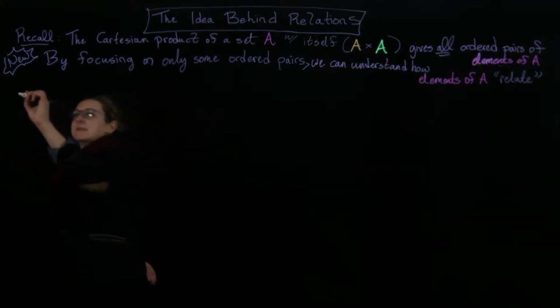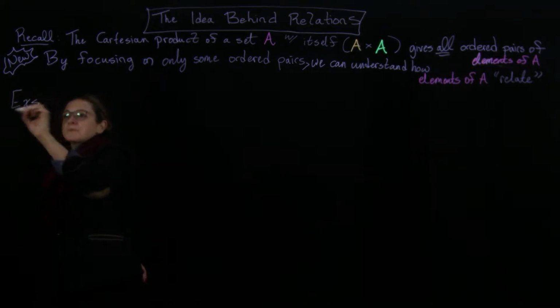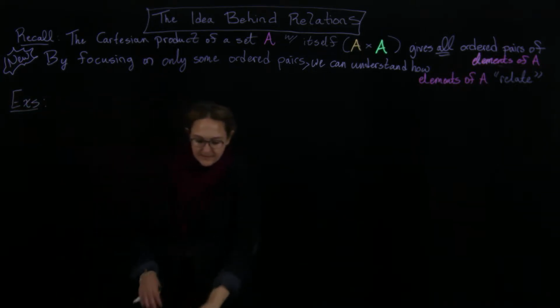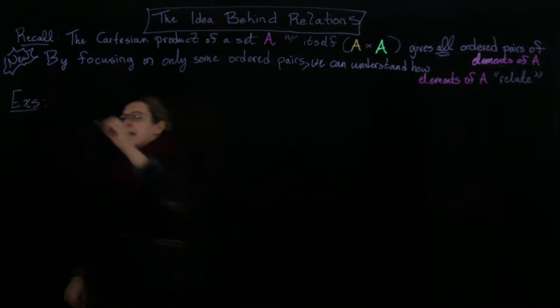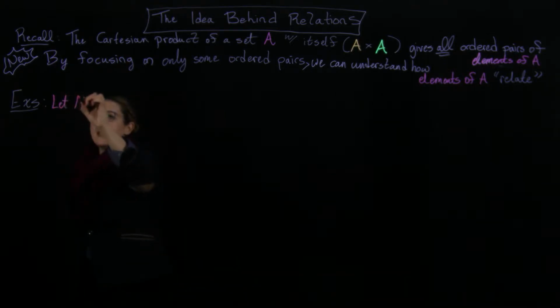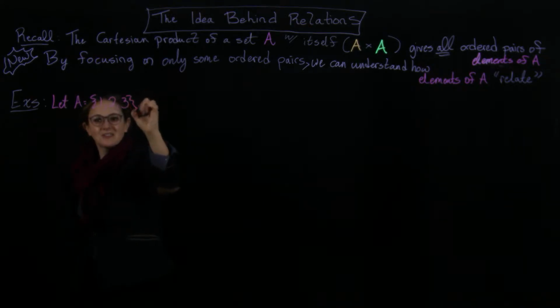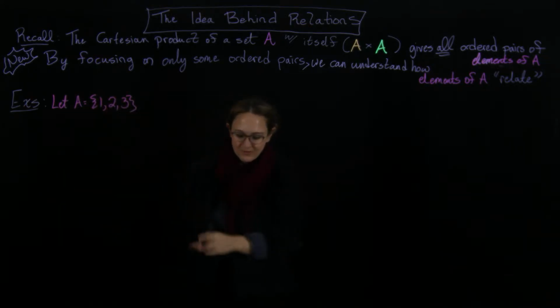These are going to be some examples where, in this circumstance, we're going to let A equal the set 1, 2, and 3. So just those three numbers, 1, 2, and 3.